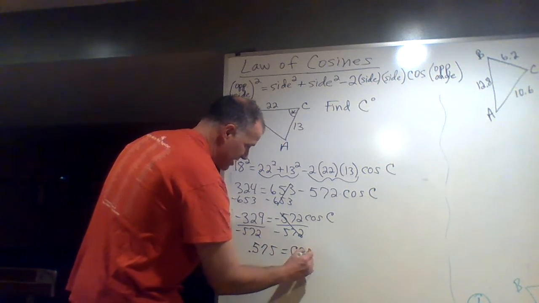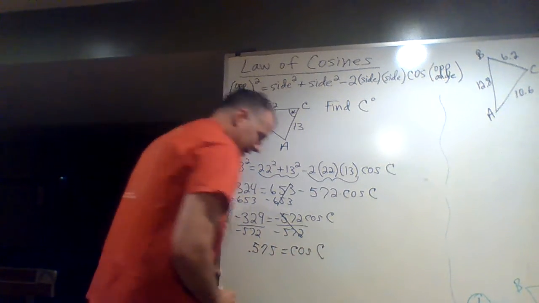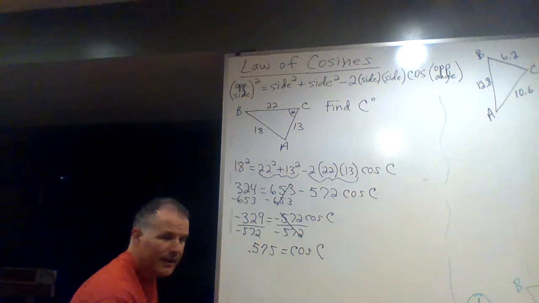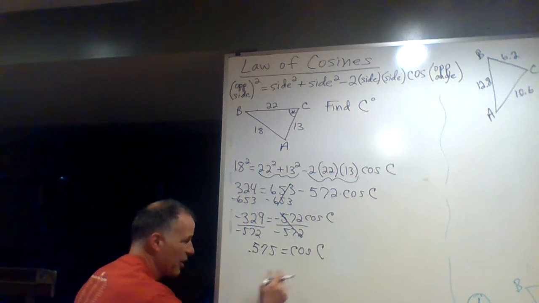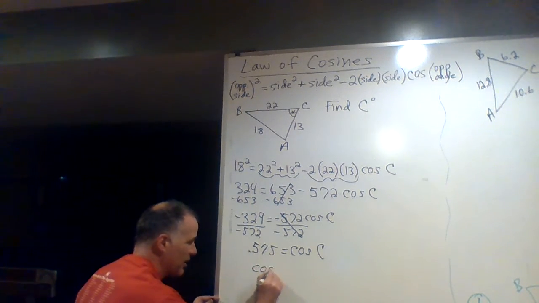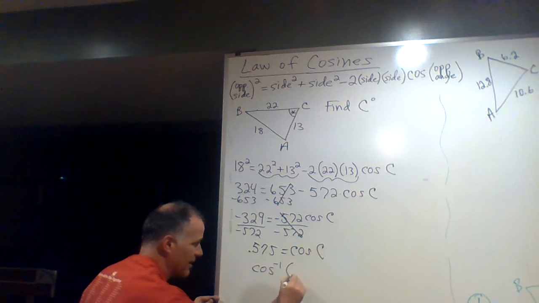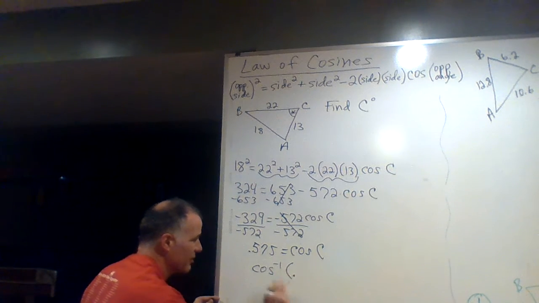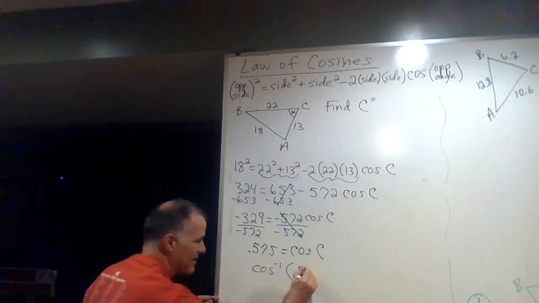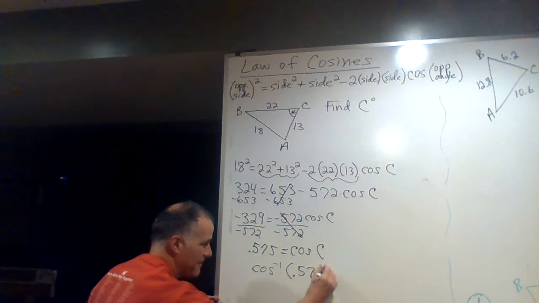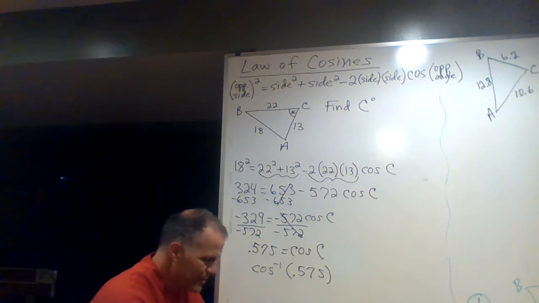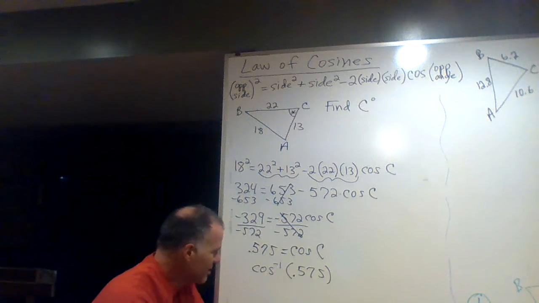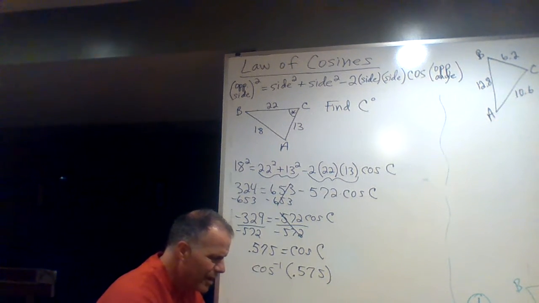That equals cosine C. Then remember, you do second cosine, that inverse cosine, and you type in that decimal. So second cosine, 0.575.